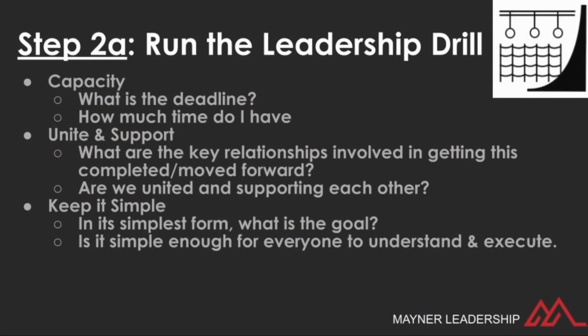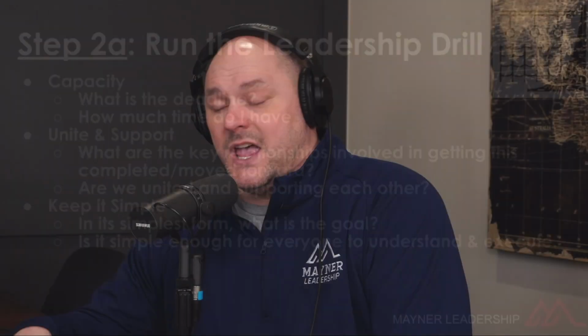And then we need to ask ourselves that question. Are we united and are we supporting each other currently? And if not, that's okay, but we need to identify the answer to that and then answer the question, what do we need to do in order to become united and to start supporting each other, right? So essentially, are we working as a team? Yes or no? And if not, which is often the case, if it's a problem, we're usually not working as a team as effectively or as efficiently as possible.